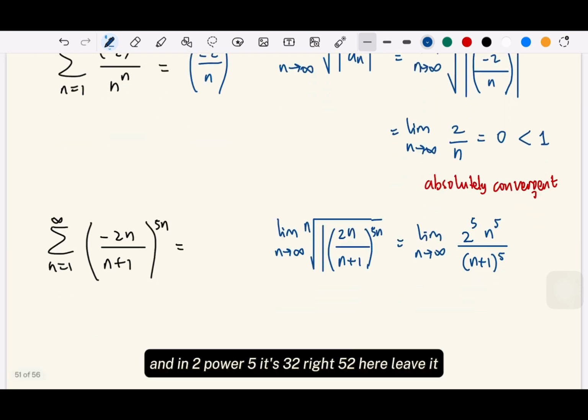And 2 to the power of 5 is 32. Let me write 32 here.